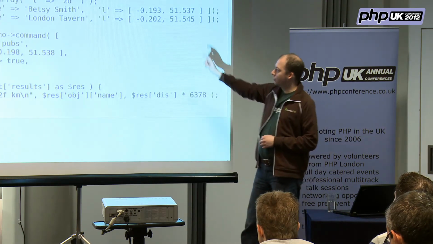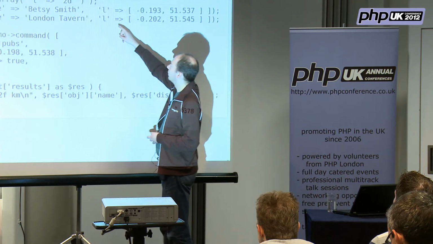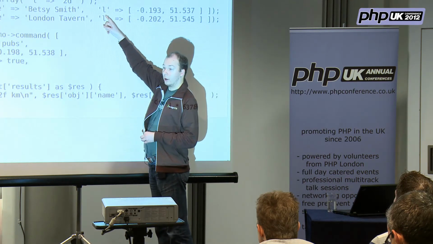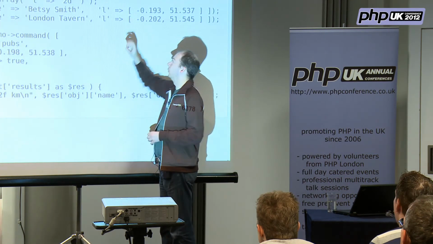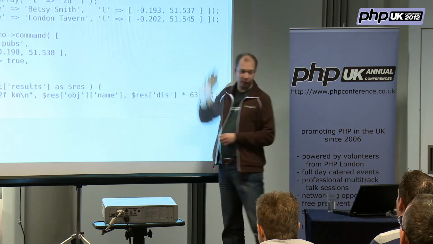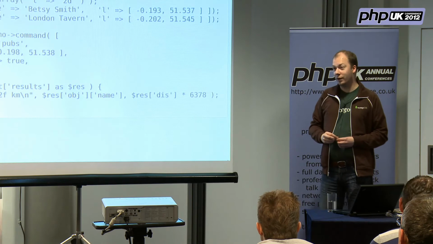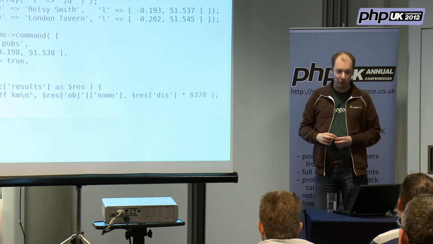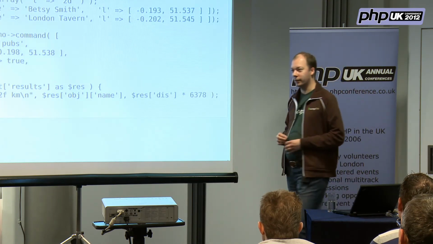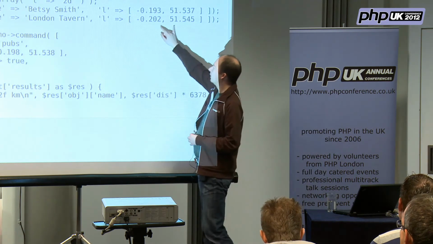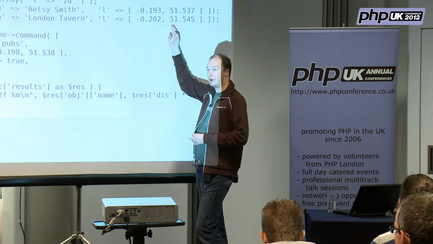And in this case, we're inserting 2 pubs very close to where I live, with L as my location field, and that accepts 2 values. And those values are not latitude and longitude, they are longitude and latitude. Which is really confusing if you're not aware of that. The only thing that matters is the order in which the values appear.